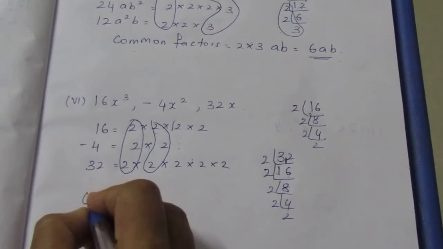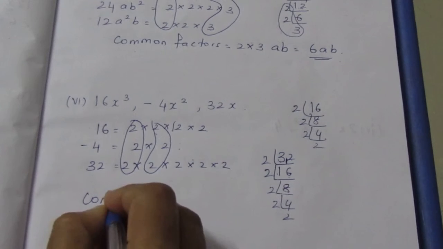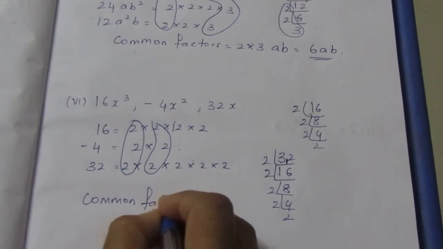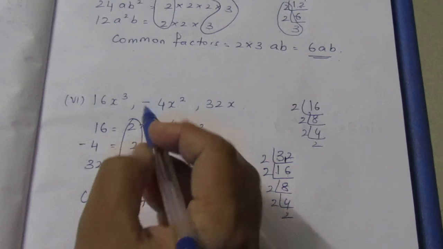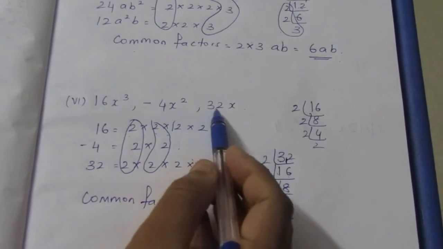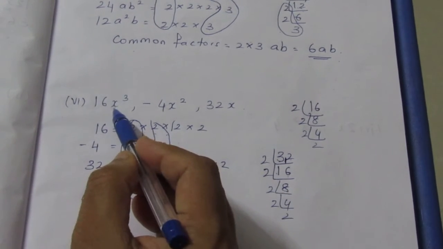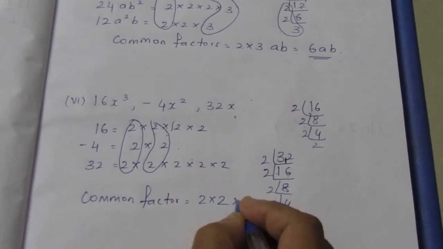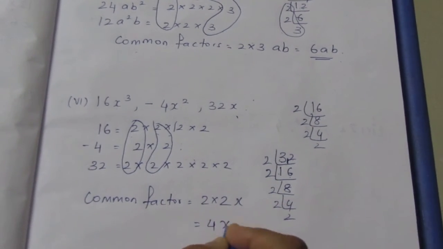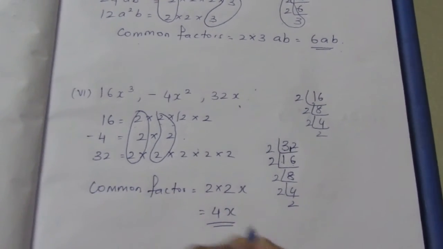So your common factors are, from the numbers, 2 into 2. And for variables, leave the sign. We know everything is x with the least power. Least power is 1, so into x, which is 4x. So 4x is your final answer for the sum.